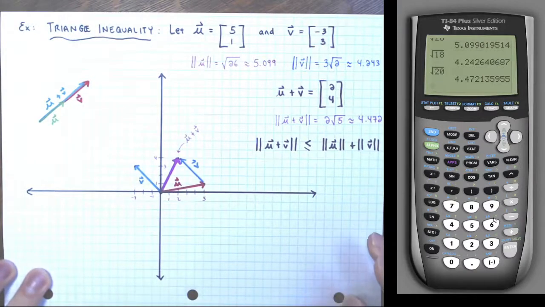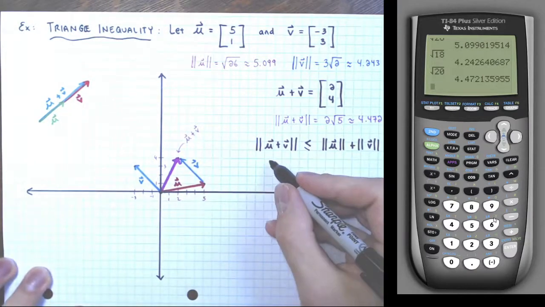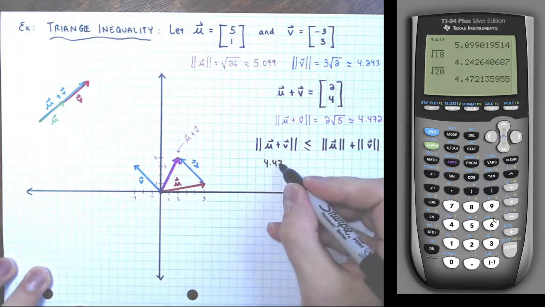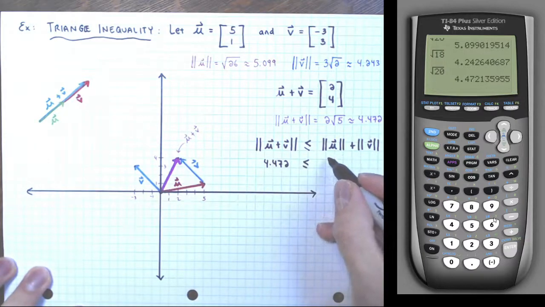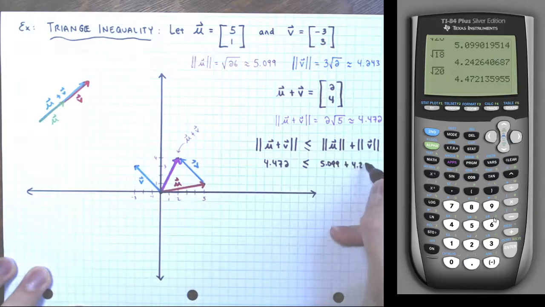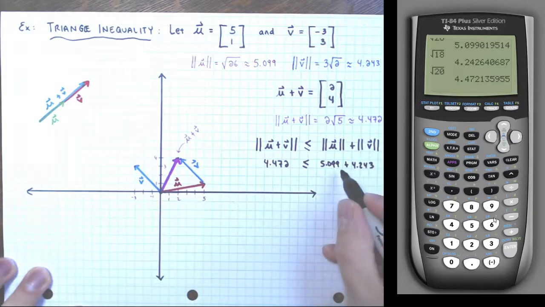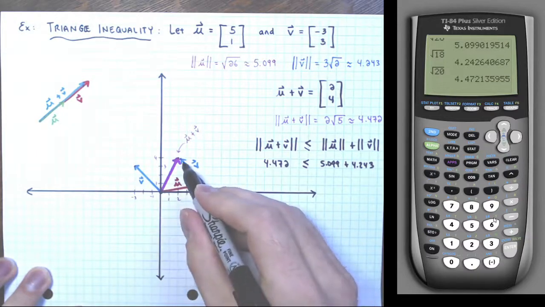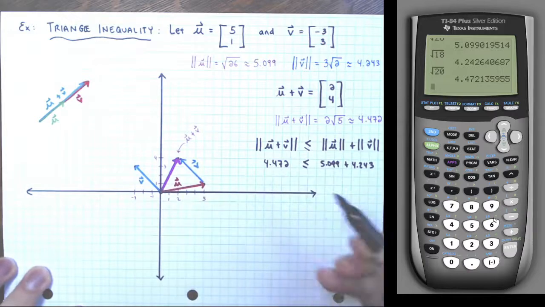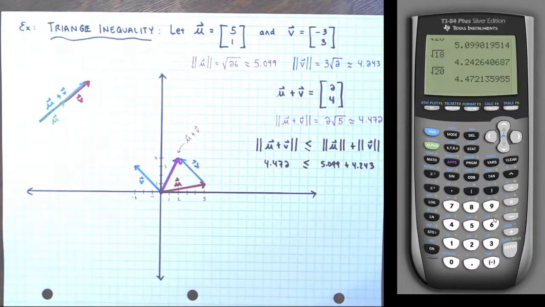That's even less strict, because you got 4.472 over here is less than or equal to 5.099 plus 4.243. I mean, it's very obvious, right? This is more than 9 when you add these two, right? When you add these two lengths, that's more than 9 units, whereas this is only a little under 4.5 units.